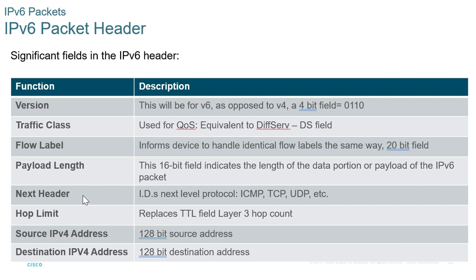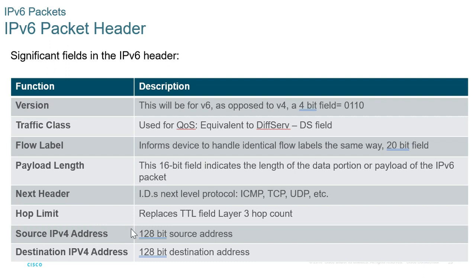Then if we have options, in IPv6 we have a field called next header. The next header points to the option field in the IPv6 header, where we will find extra information. Then we have the TTL field, which is changed to hop limit.